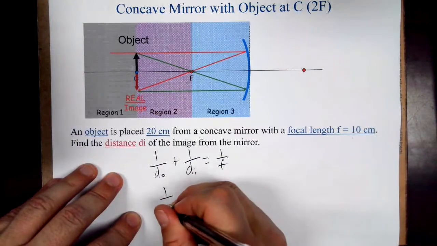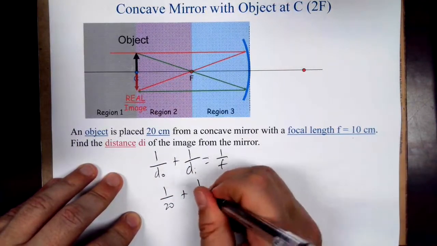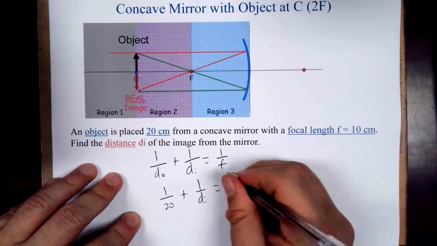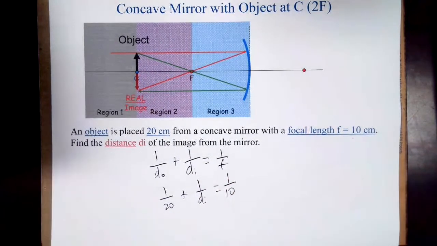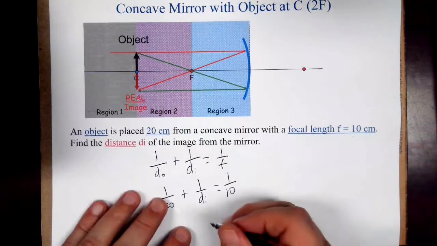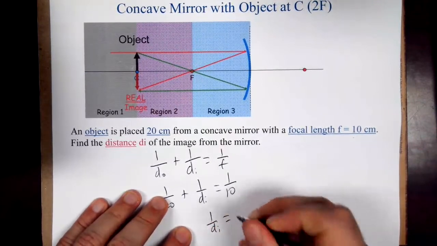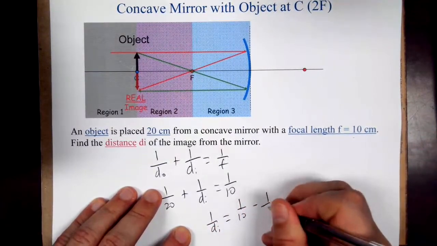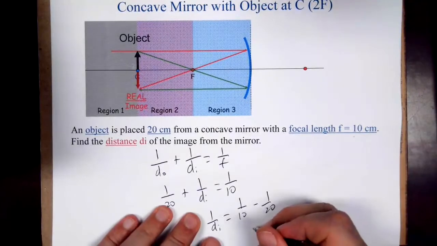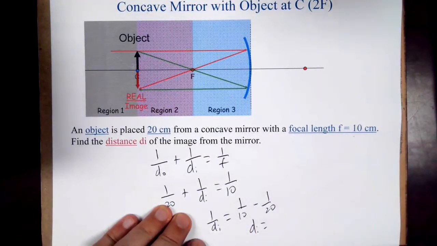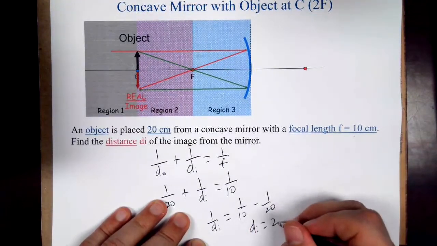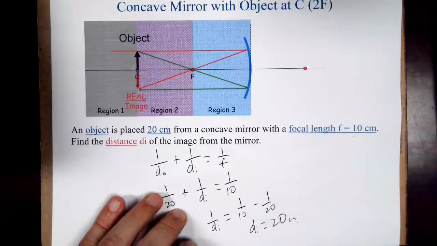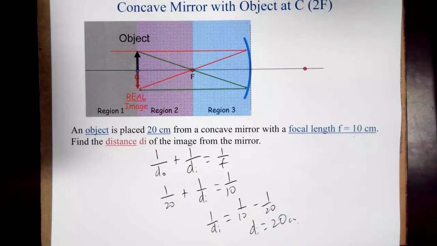So this becomes 1 over 20 plus 1 over di is equal to 1 over 10. If you work this out, 1 over di is equal to 1 over 10 minus 1 over 20, and the distance to the image is going to be 20 centimeters. So the position of the object and the image are exactly the same. They're both at 20 centimeters.